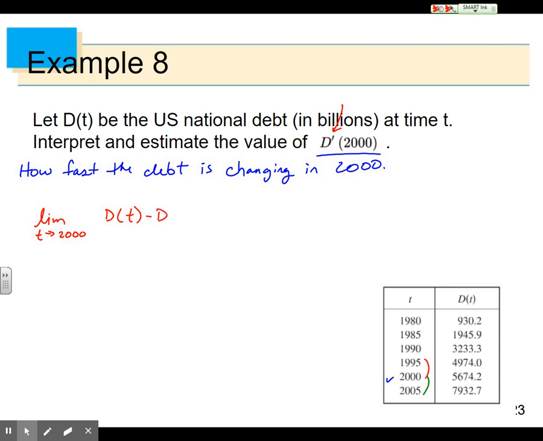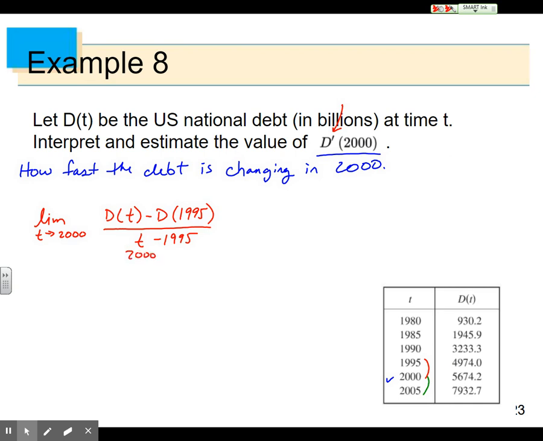D of, see, it's getting close to 2000, so I'm going to use 1995, over T minus 1995. And so if T's approaching 2000, I'm going to plug in my 2000 numbers right here.